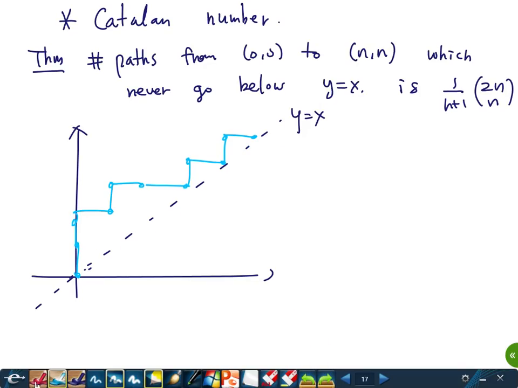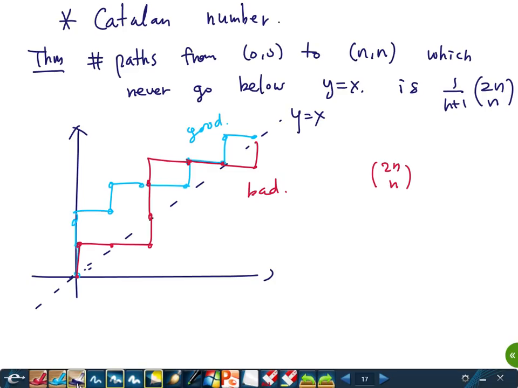So this is good, but we don't want a path that goes below like this. This is bad. We want to compute the number of good paths, where good means it never goes below this line. Of course, the answer will be smaller than this, because this is the total number of paths from here to here. We want to compute good paths.